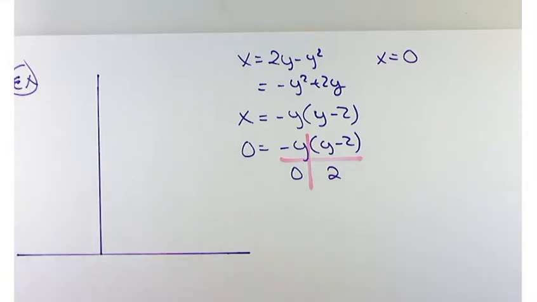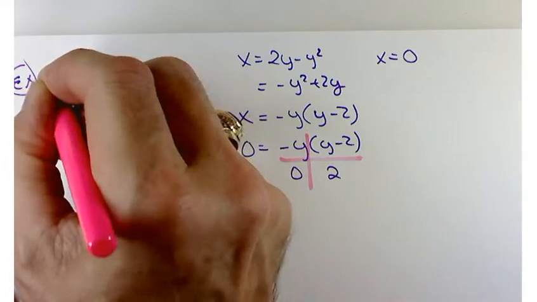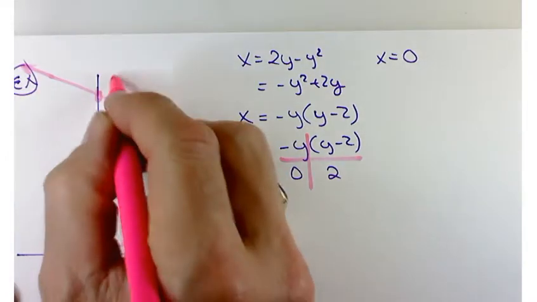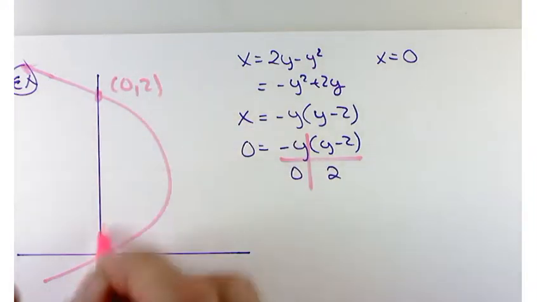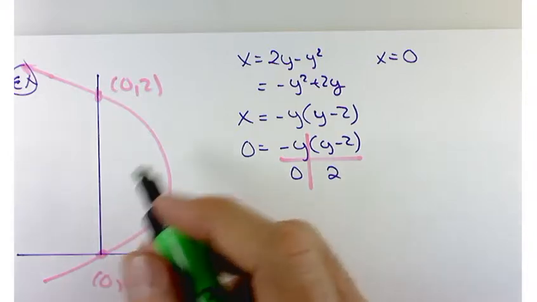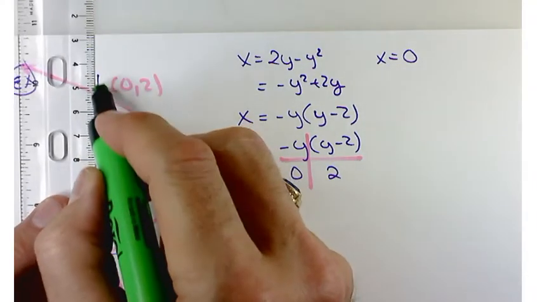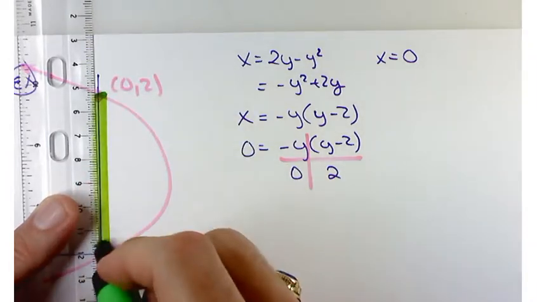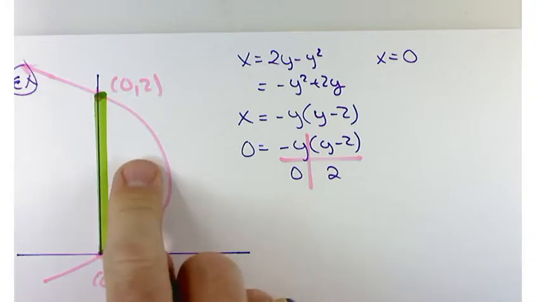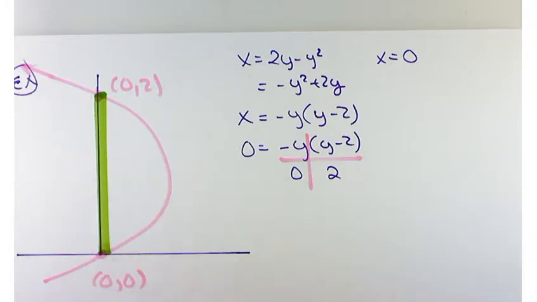So basically, I've got something that looks like this. So it crosses here at 0, 2, and here at 0, 0. The other thing that bounds my graph is the line x equals 0. So I want to find the center of mass for something like this. And this one's going to work out a little bit nicer.